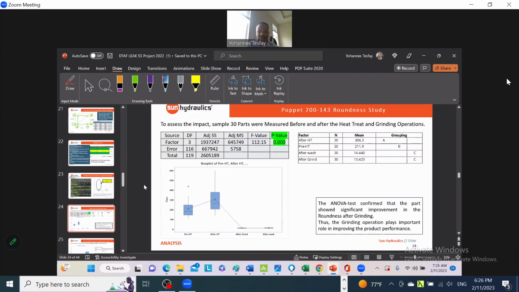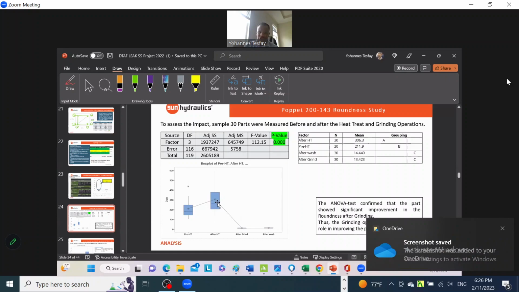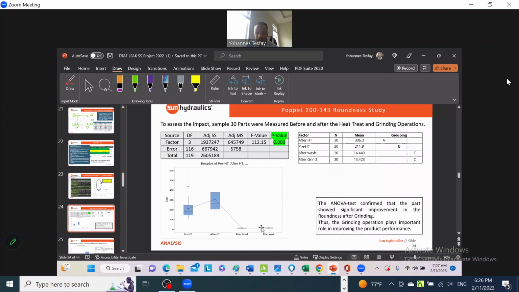Then the next phase is analysis before and after heat treat. You see, this is pre-treat, after heat treat. After heat treat, it shows bad measurement. But after grinding and after wash, it comes down.